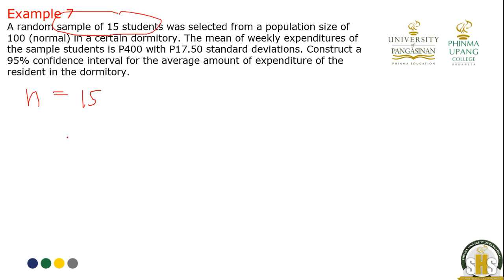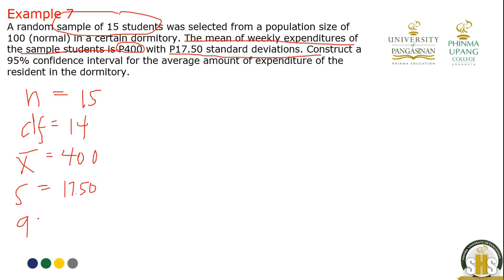Meaning to say your DF here is 14. X bar is 400 with 17.50 standard deviations, and this is 95%, 5% for your alpha.